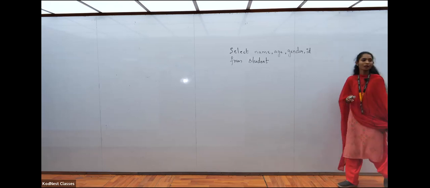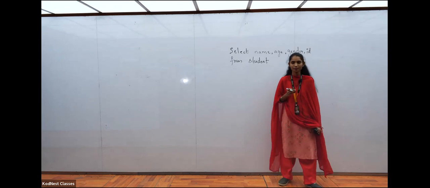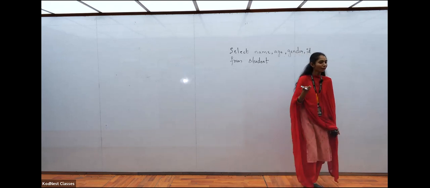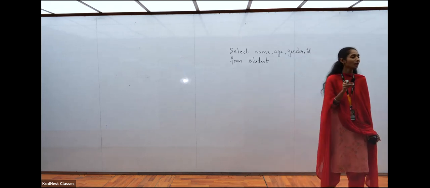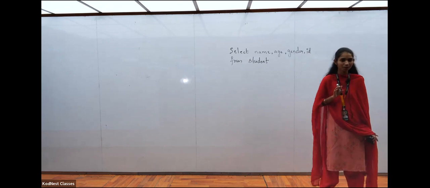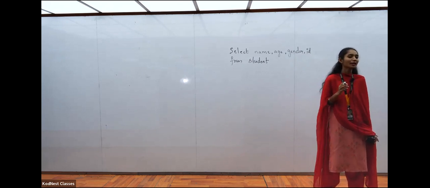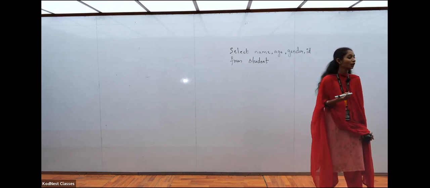And this is the standard query that we have to write. First, we have to tell the select command, then what we have to select, and from which table we have to select, that also we have to tell. But one thing you need to understand whenever you're writing the query is how internally it is getting executed.